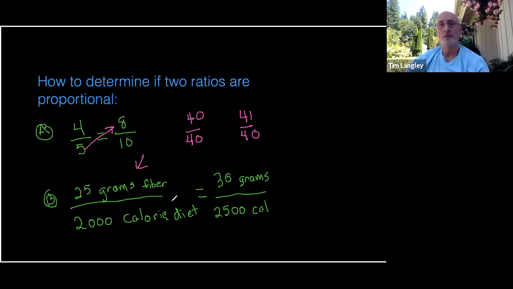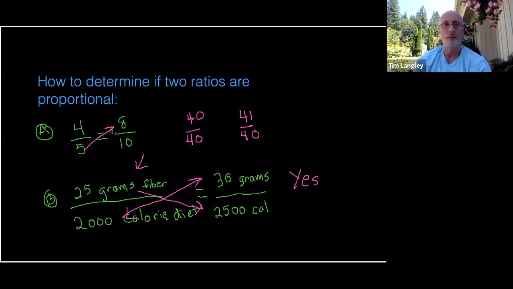Well, to find out if they're the same proportional, I would multiply the 2,000 times the 30 and get a big number. That's about 60,000. And if I multiply 25 times 2,500, would that give you the same answer? I'll let you do that on your own. But if you got the exact same answer, then you would say, yes, they are proportional, that those diets are equal to each other.